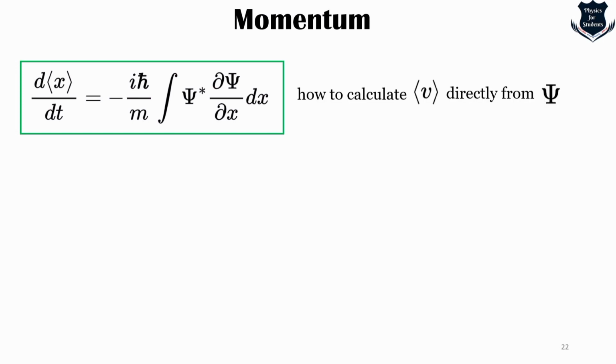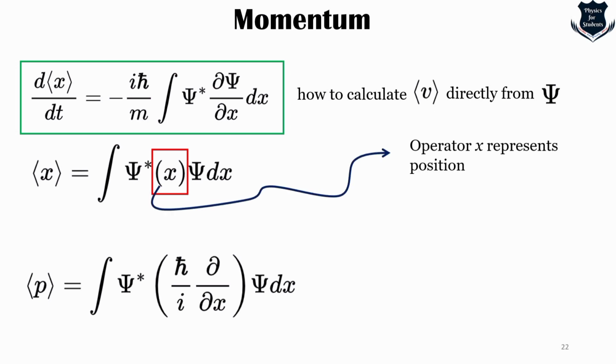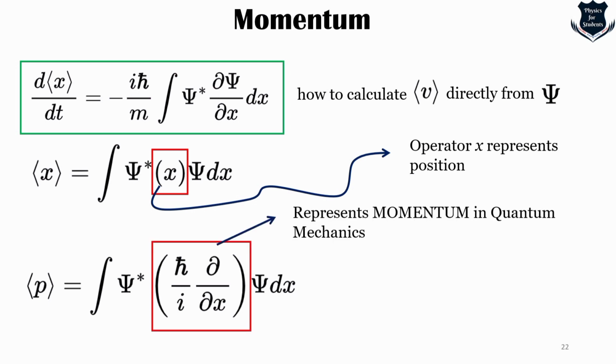Once we write these operators, this equation actually tells us how to calculate V directly from psi. We say that the operator x represents position, and the operator h bar upon i times the derivative represents momentum in quantum mechanics.